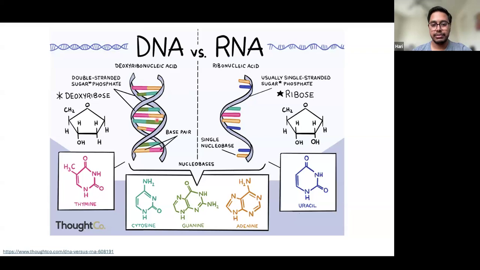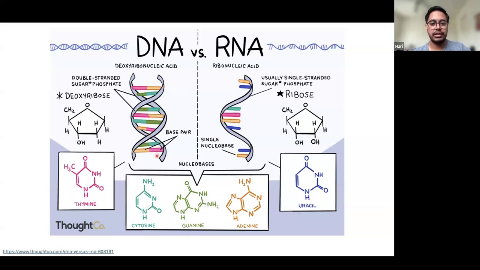So what are these base pairs? At different sites of DNA, depending on the base that we have, let's say we have cytosine, then cytosine can form three hydrogen bonds with guanine, and adenine can form two hydrogen bonds with thymine. And that's how these base pairs are formed.